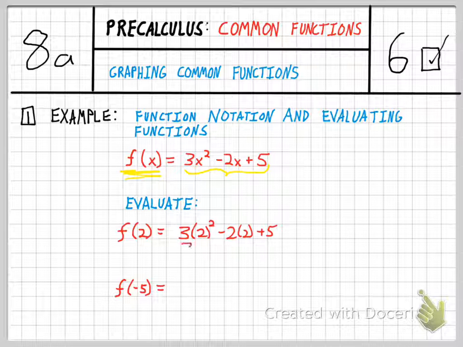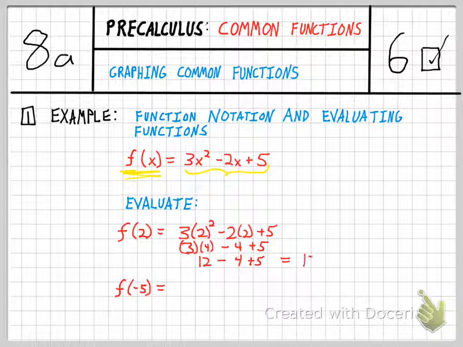And we work that out, I get 3 times 4 minus 4 plus 5, and I get 12 minus 4 plus 5, and a final answer of 13. So we say that the value of the function f at 2 equals 13.